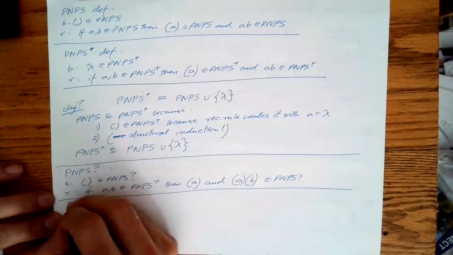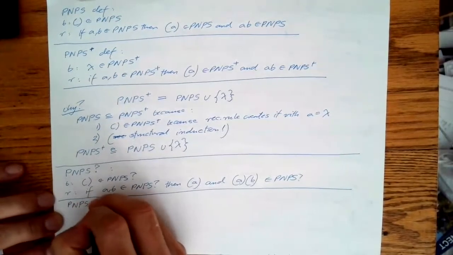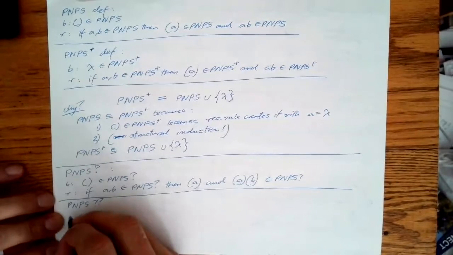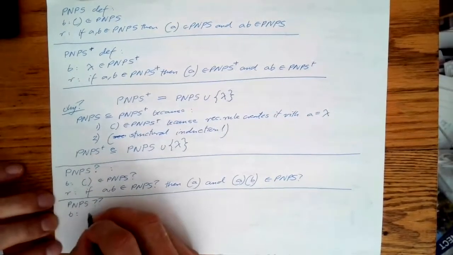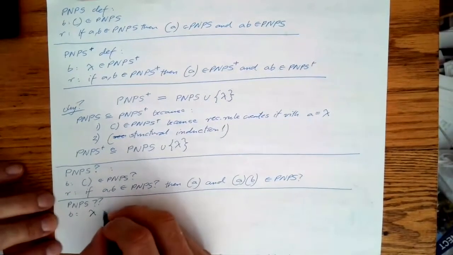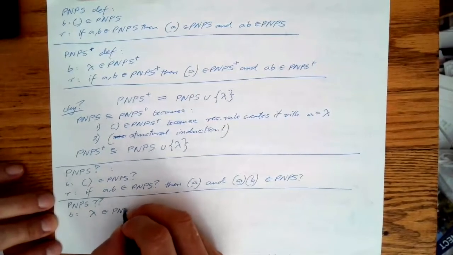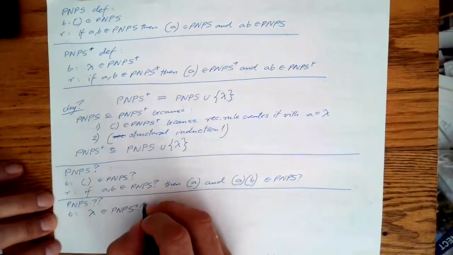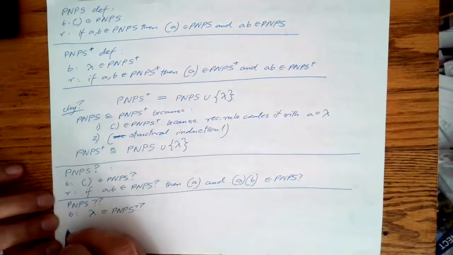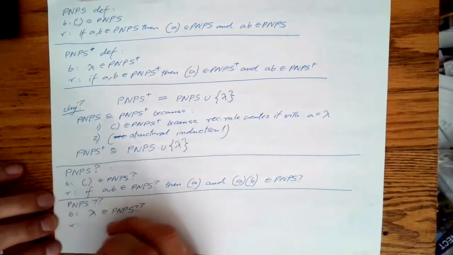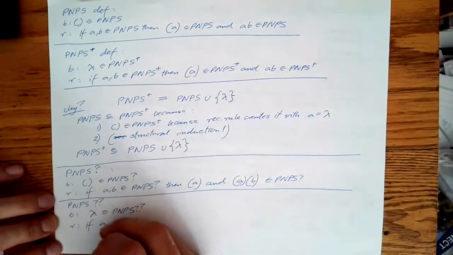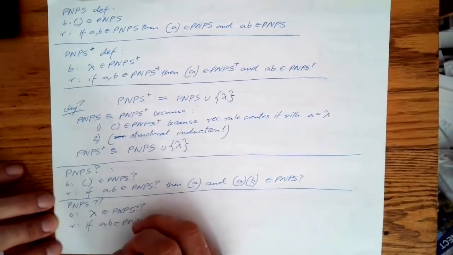Here is a final variant, double question mark. And I'm going to change it like this. An empty string is in the double question mark PNPS. And the recursive rule is the same as above.